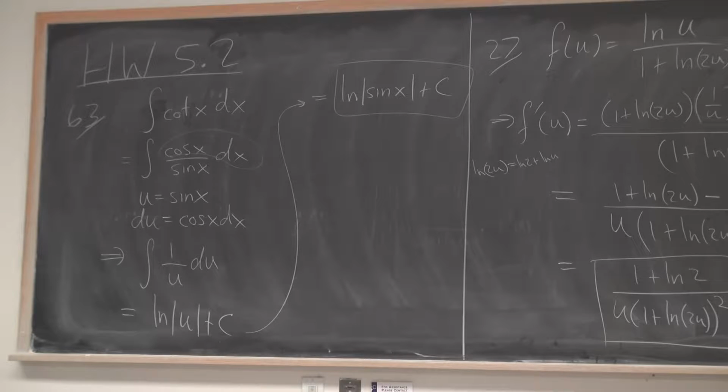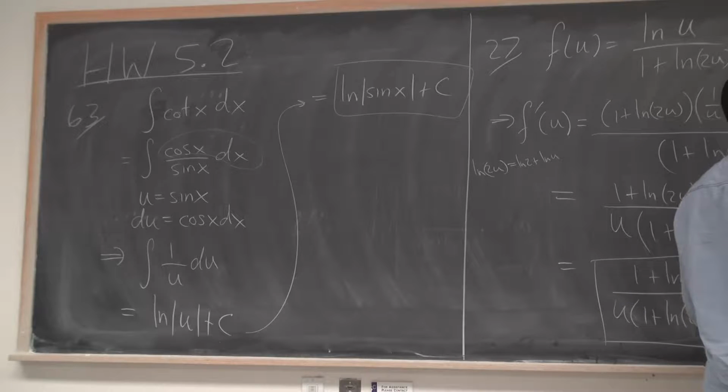So it's 1 over this times minus 1 minus 10x. Do the absolute values matter? Why do we need the absolute values? Because they're in the domain.